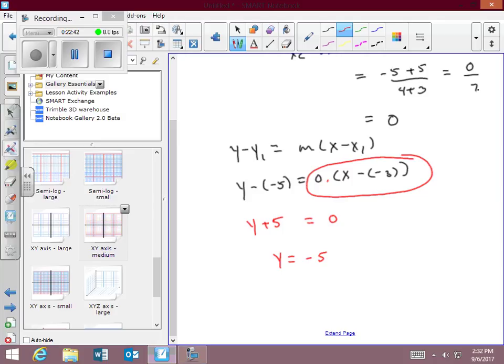Y equals 3, because the y's are the same, right? Do you see any other ones, how about 68? What's that going to be? X equals 3. Do you see x equals 3? Because the 3's are the same in the x position. So it's a vertical line, right? Does that make sense?